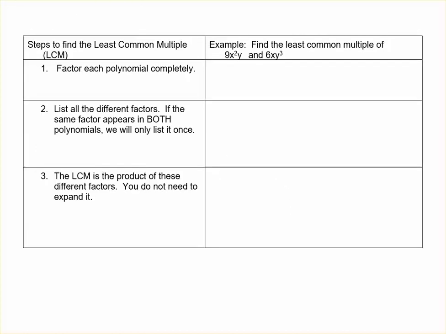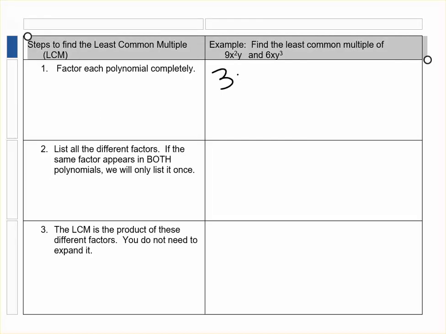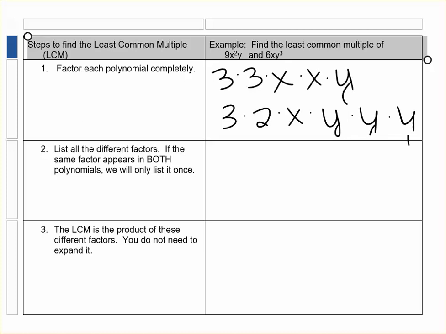Let's try another one. Let's find the least common multiple of 9x squared y and 6xy cubed. I'm going to start by factoring 9x squared y. Well, 9x squared y is 3 times 3 times x times x times y. 6xy cubed is 3 times 2 times x times y times y times y.